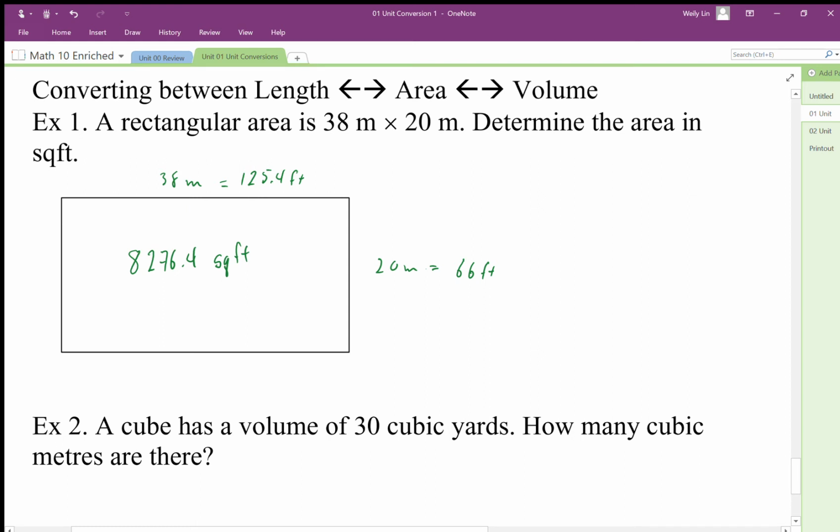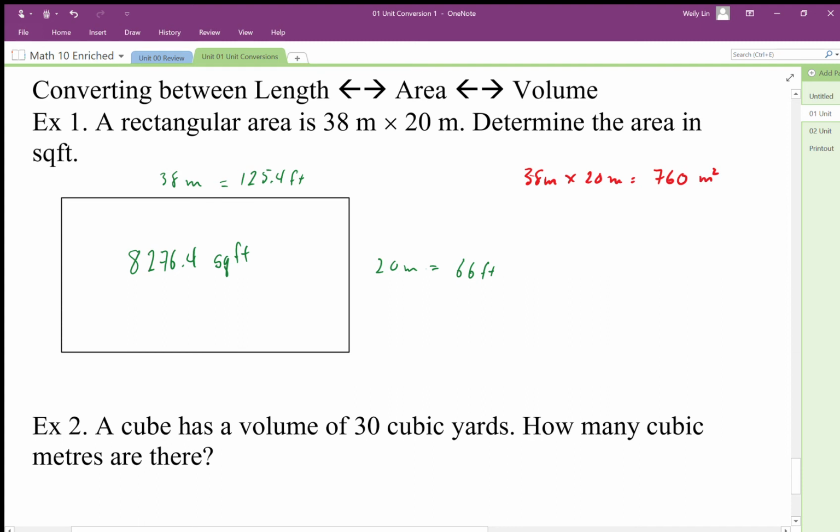Okay, so that's square feet. So that's one way to do it. An alternative way to do it is to convert it into meters squared. So I end up with 38 meters times 20 meters, and that's going to give me 760 square meters.